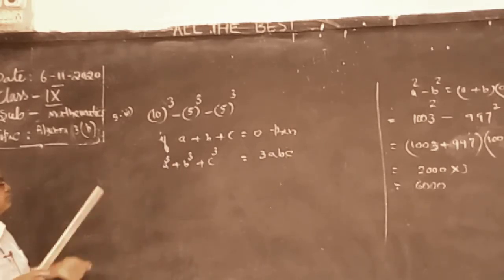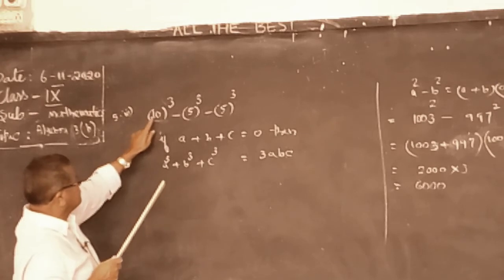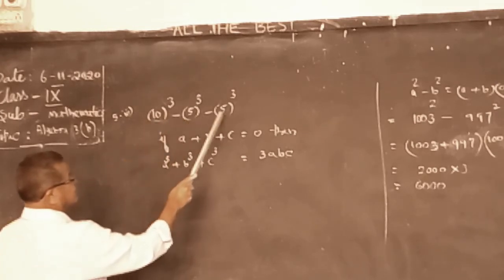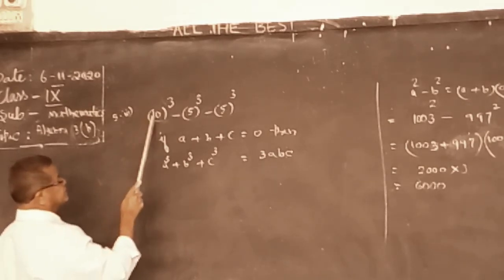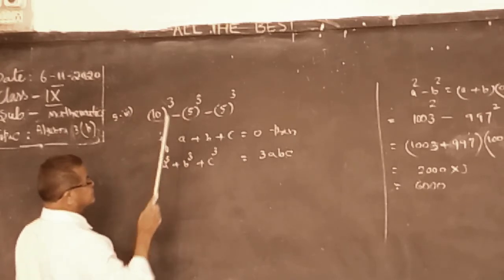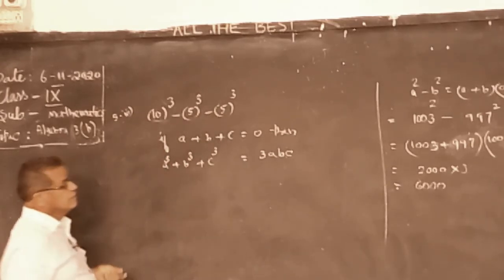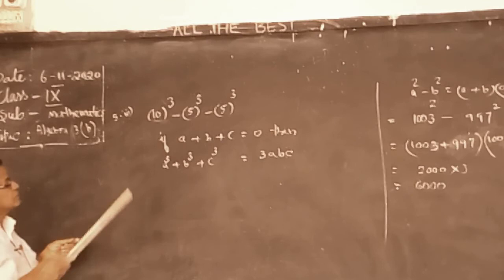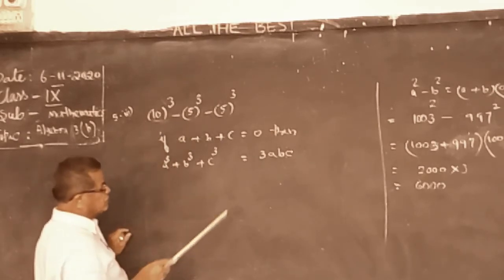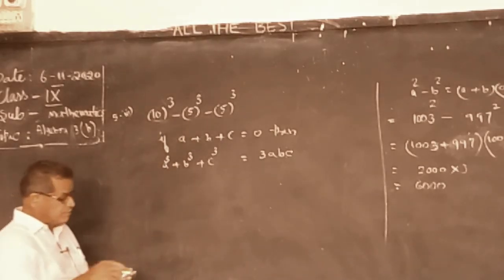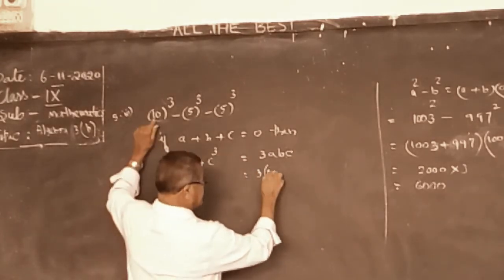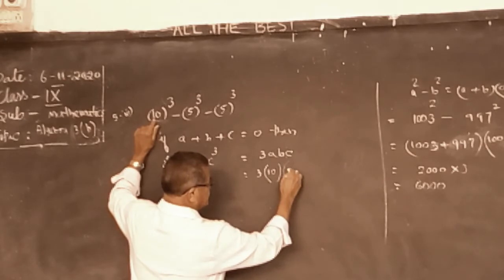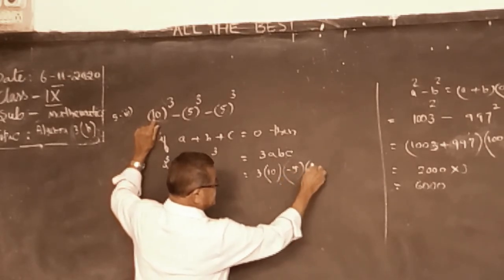Here we know the sum of these three terms, 10 minus 5 minus 5, is 0. Then in a cube plus b cube plus c cube, in place of a there is 10, in place of b minus 5, in place of c minus 5. So it is in the form. The product is 3abc: in place of a write 10, in place of b minus 5, in place of c minus 5.